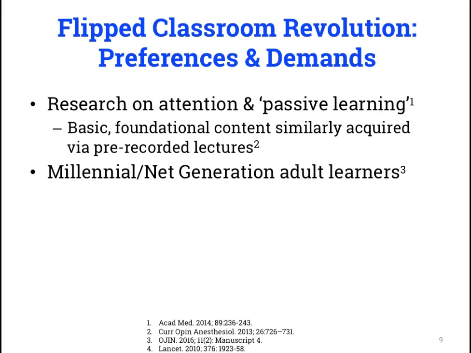And they have a fierce desire for independence and innovation. All of these things do lend themselves well, in theory, to a well-constructed flipped class model in terms of satisfying these demands and also encouraging participation by adult learners.